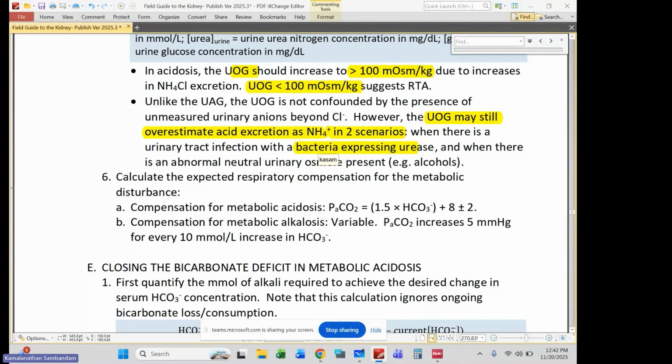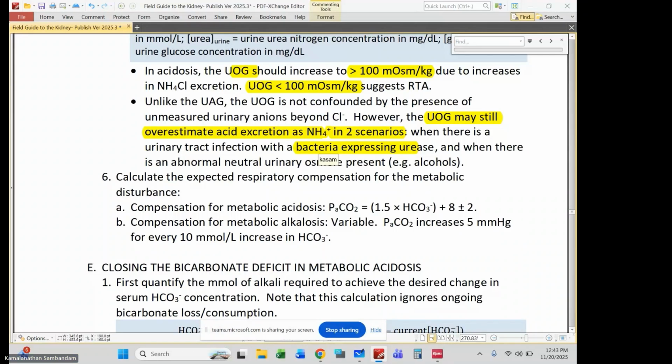Right? Because when I have urease, I am producing more osmoles by splitting that urea into ammonium and bicarbonate. And so that can make my urine osmolar gap, again, post-tubular, look large, meaning it can overestimate my ammonium excretion, because you took urea and you split it in two.